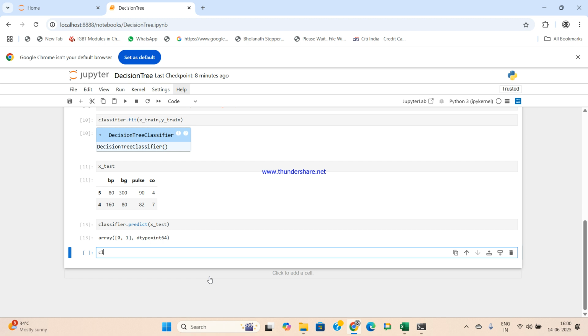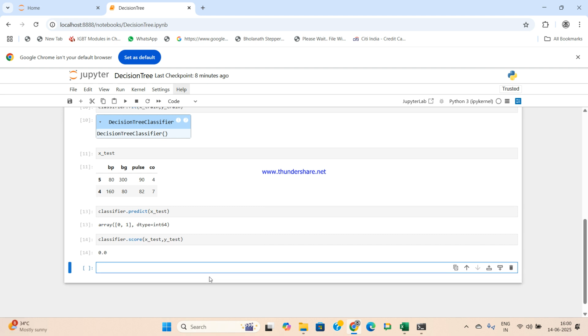We can check it with classifier.score, then my x_test, y_test. You see it is 0, but just understand that I don't have enough data to show you, so that's why there is an error in the value.